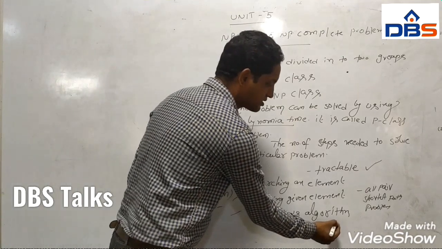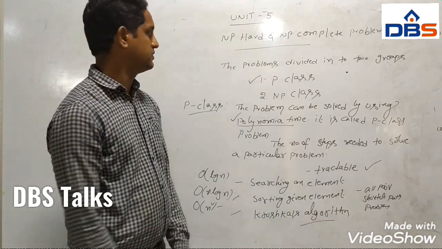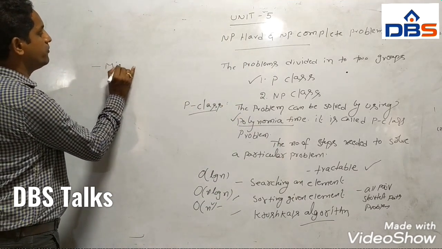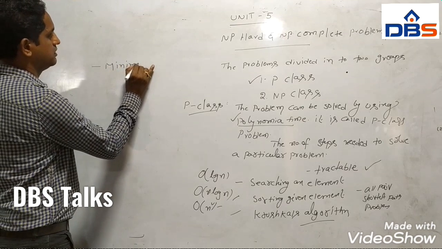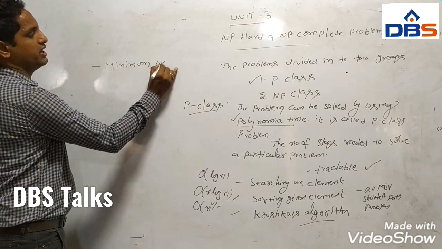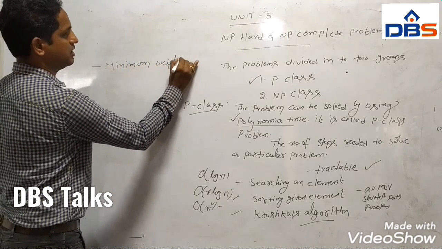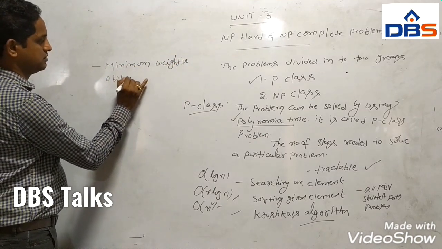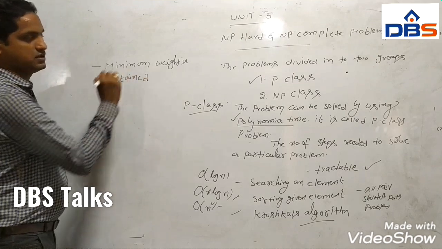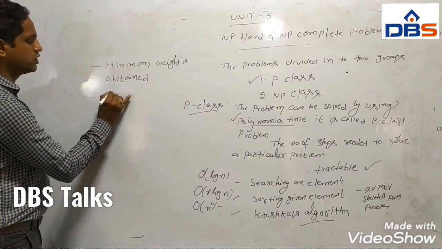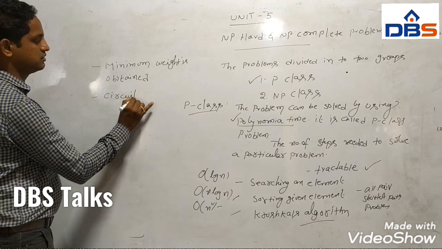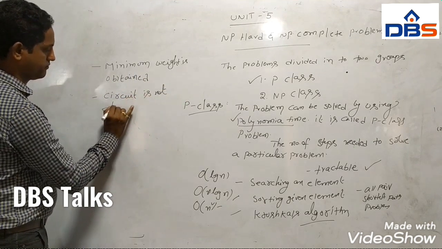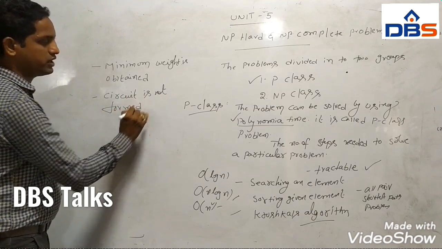Okay, so now we have to discuss Kruskal's algorithm. What is meant by Kruskal's algorithm? The first one is that minimum weight is obtained. The second one, a circuit is not formed.